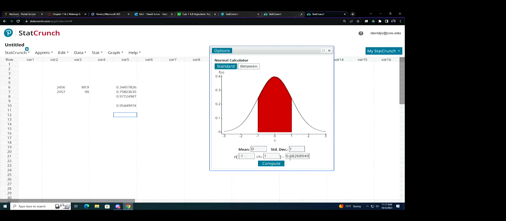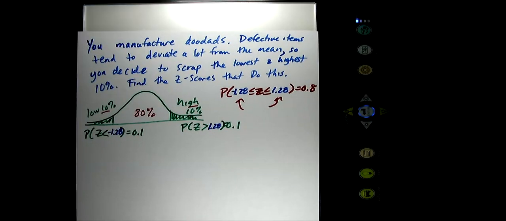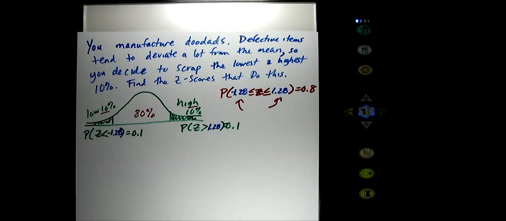If I do between, I have to say this is 0.80, and it gives me negative 1.28 on the left and positive 1.28 on the right. The reason they're the same is because it's symmetrical. It's a perfect mirror, they reflect each other.